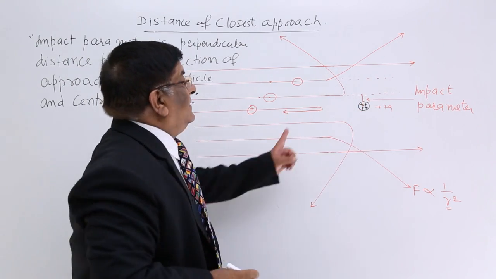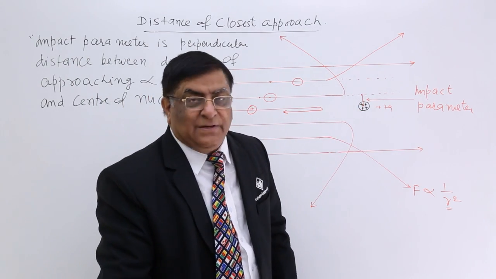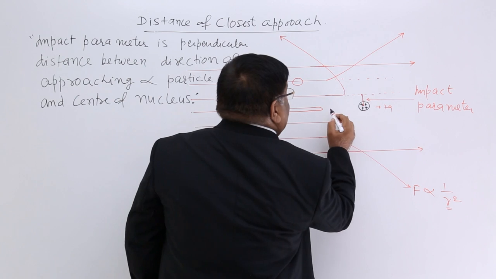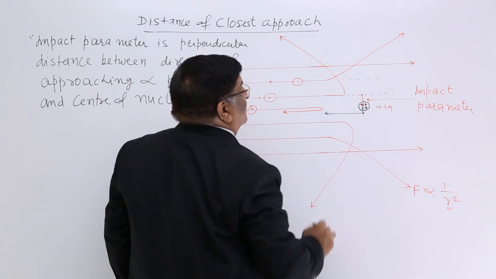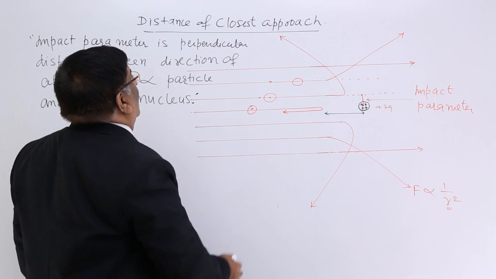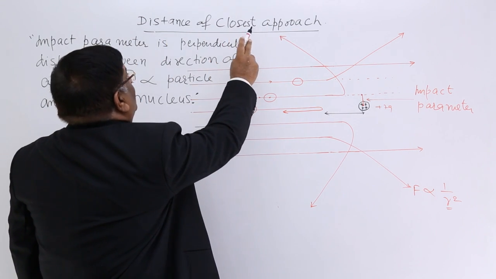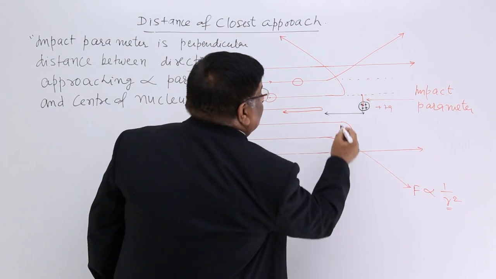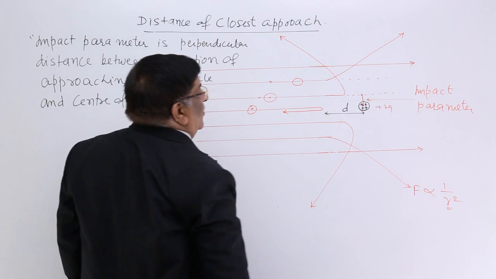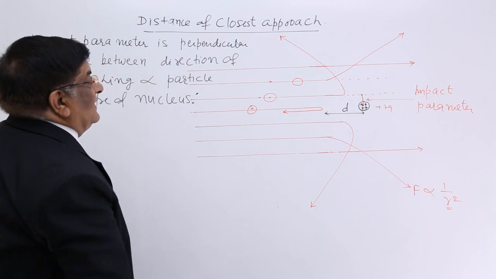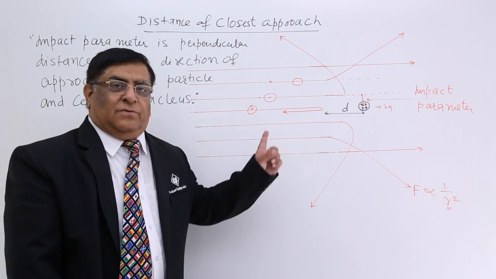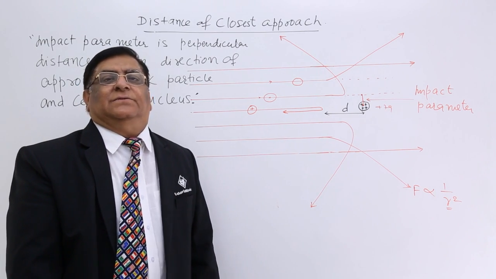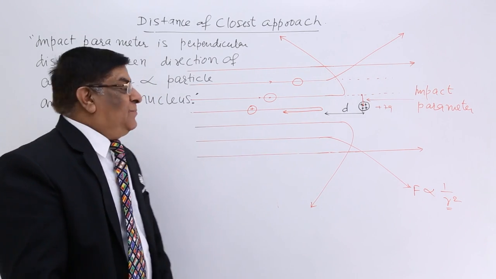It has not done a strike, and this distance is a very important distance, and we call it the distance of closest approach, and let's give it a symbol d. So d is the distance of closest approach. Now I will write what the distance of closest approach is.